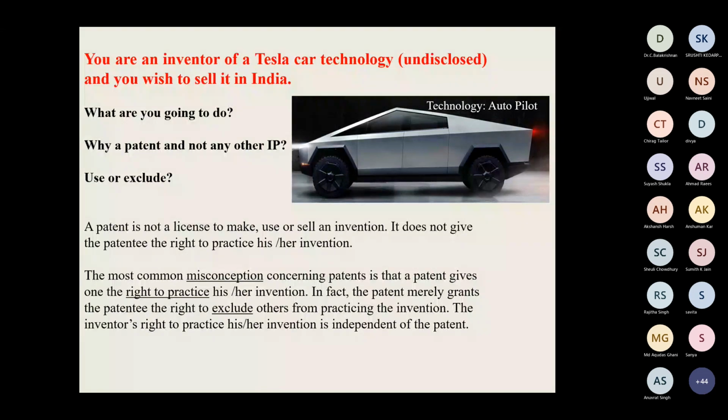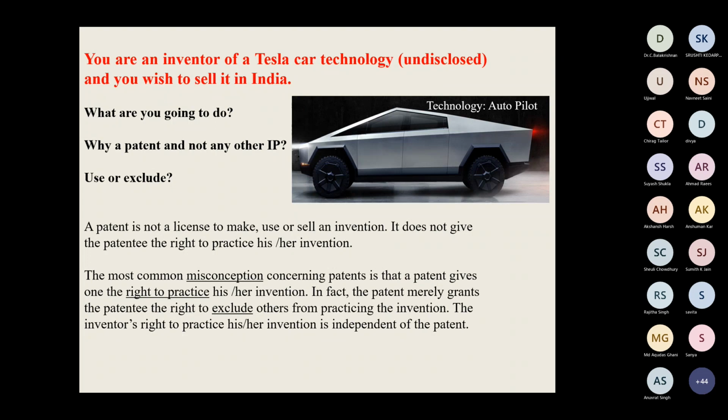Despite all that investment, if I cannot stop anyone else from manufacturing that car or from using my own invention, it will be a waste of time, energy, and other resources. That is why it is always advisable to go for protection in patents, to protect it once and then sell it.